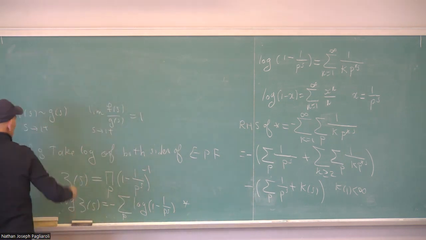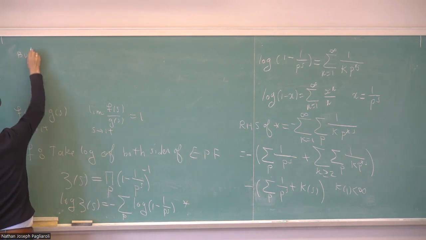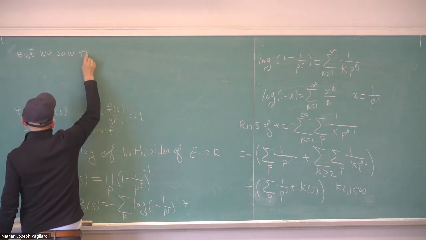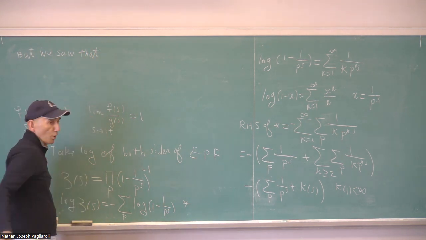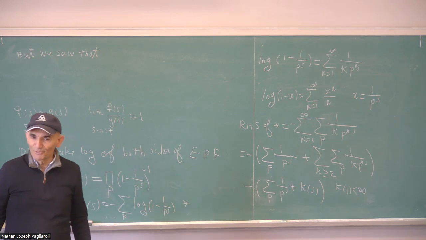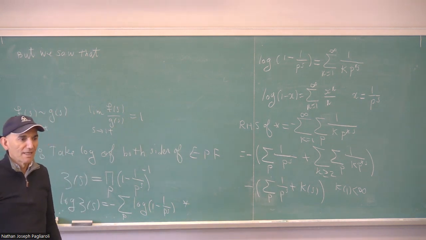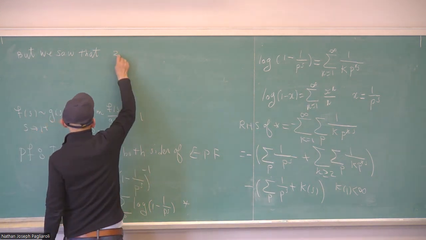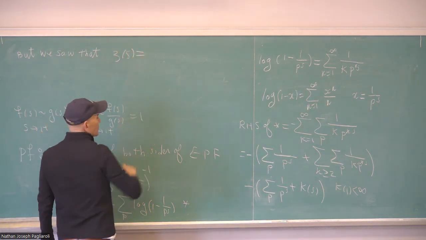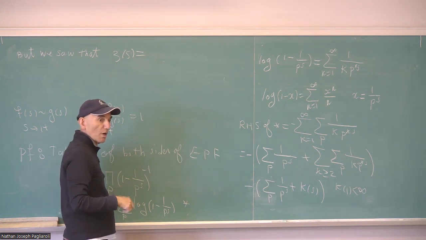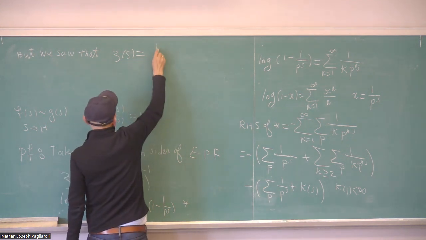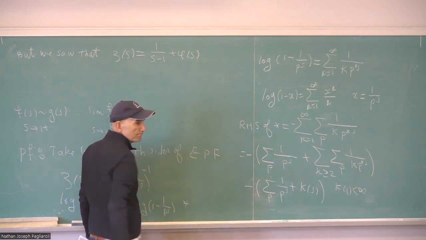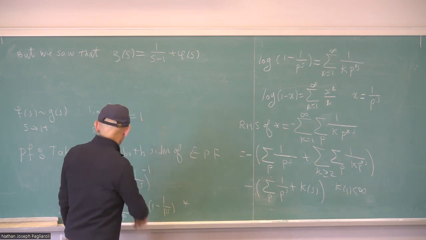Okay, so write it then. At least partially we saw, though we didn't completely prove it, that zeta of s can be written as 1 over s minus 1 plus phi of s, right? That was the thing that we had.